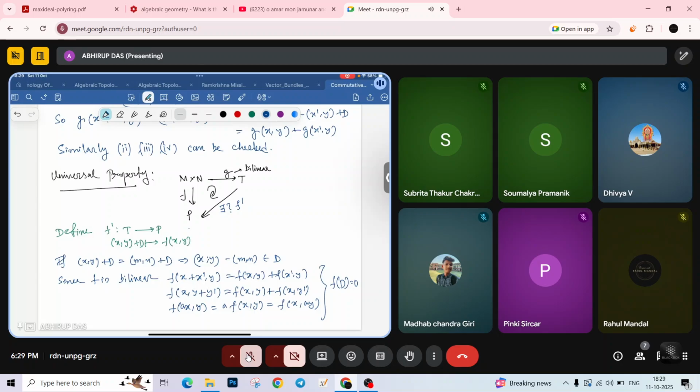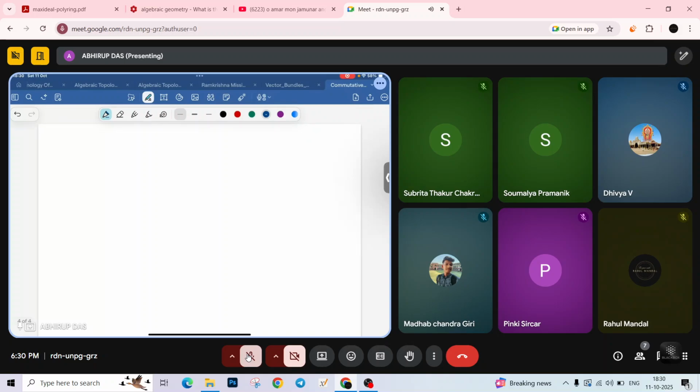From the bilinearity of f, it sends the whole thing to zero. So f will send this to zero as well, right? So f of (x, y) minus (m, n), this element will go to zero, which implies f of (x, y) is equal to f of (m, n). Okay, so f prime is well defined.